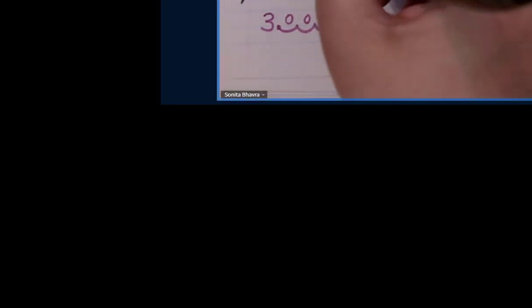So 1, 2, 3, 4, 5, 6, 7, 8, 9. And then you fill that in with zeros. So we end up with 3 billion meters cubed.